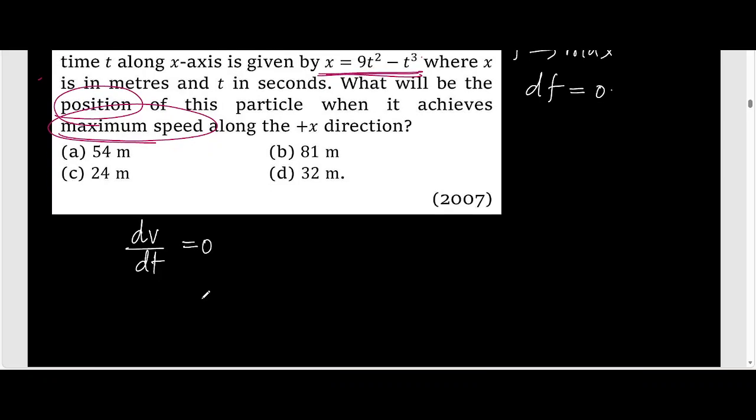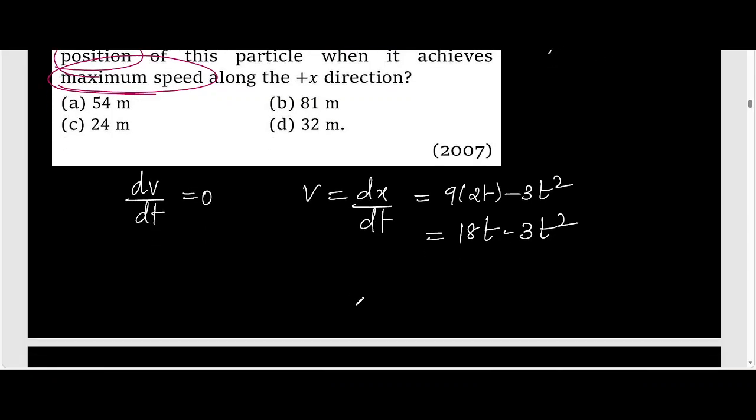So find out the speed here. What is speed? dx by dt. x is given as 9t square minus t cube. So differentiation: 9 into 2t, and t cube differentiation is 3t square. So how much will you get? 18t minus 3t square.